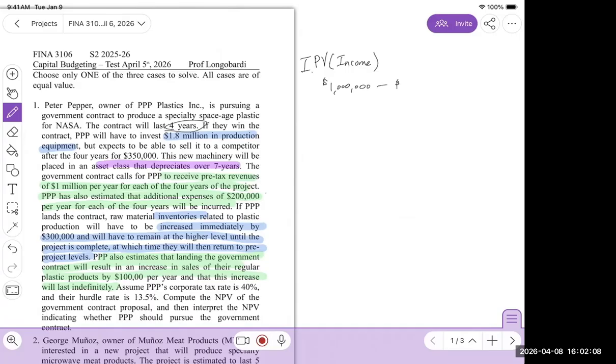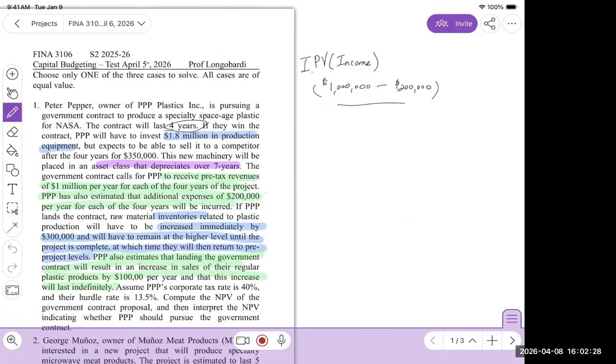Because this is going to happen in consecutive years, I'm going to do the annuity and just write it out, communicating everything I'm including.